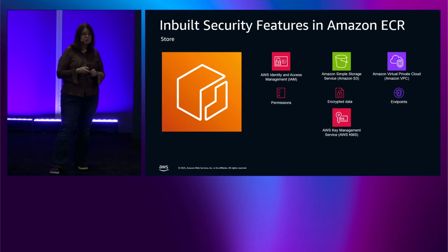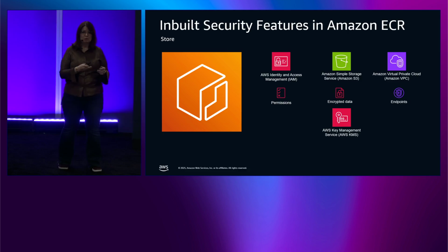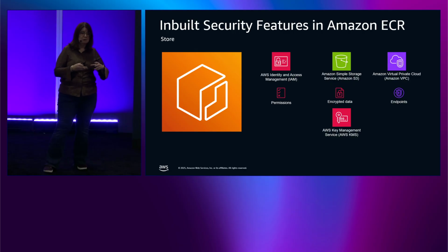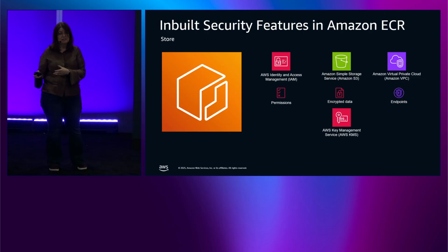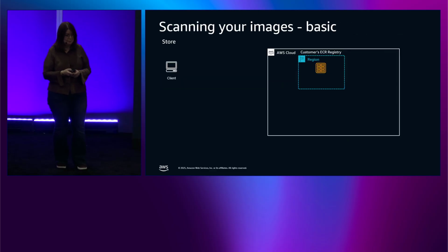Amazon ECR also supports the use of private VPC endpoints. What this means is that any data transferred to and from your registry does so without leaving the Amazon network itself. And if pulling down container images is the only type of access you need, then you don't actually need a NAT gateway or an internet gateway from your VPC.